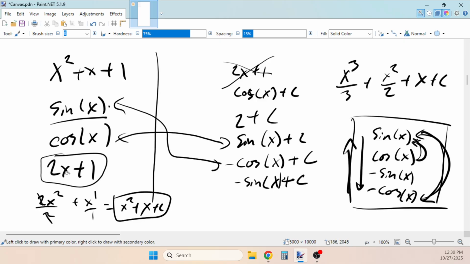Antiderivative of 2x plus 1 squared plus x. I'll have to add the correct constant for what.